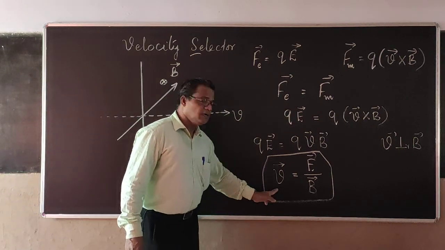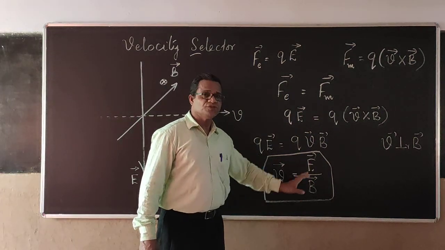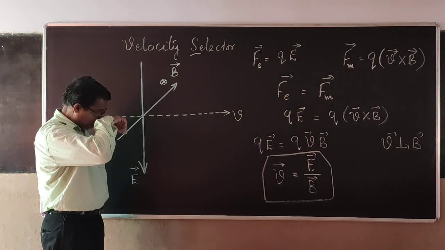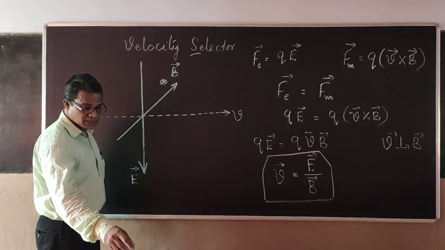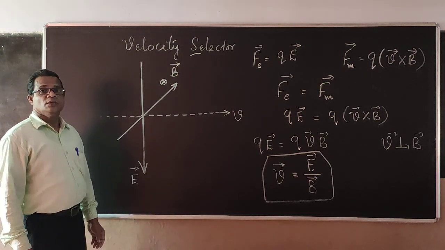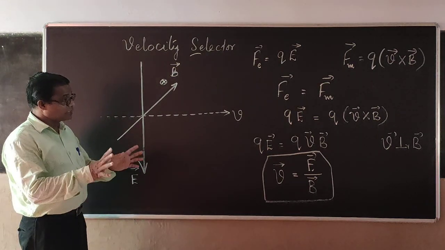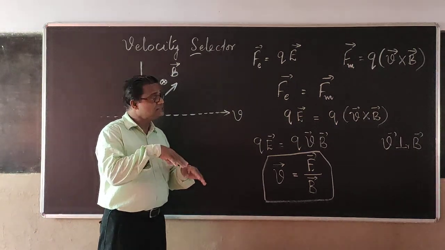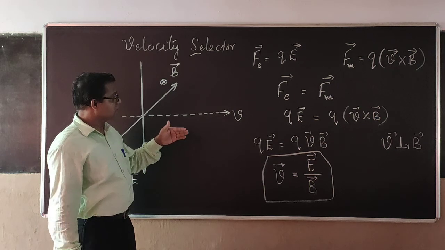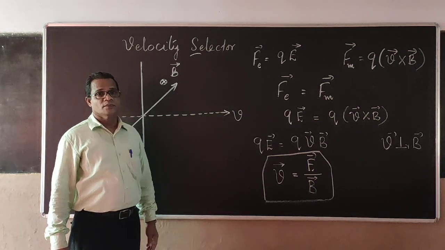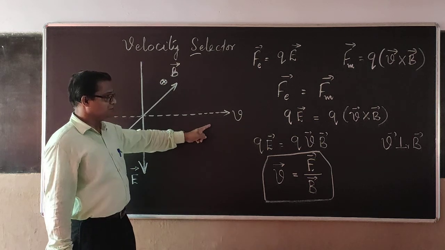Now this is the equation for the velocity selector. So what actually happens in this case we understood. In the case where the magnetic and electric forces are equalizing, those particles are found to be moving straight without any deviation.